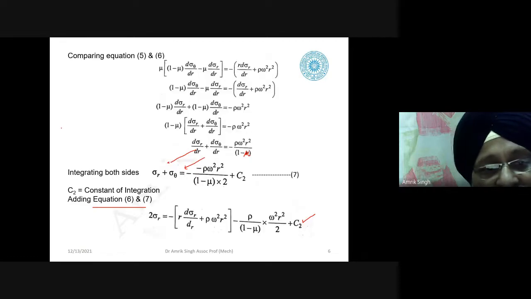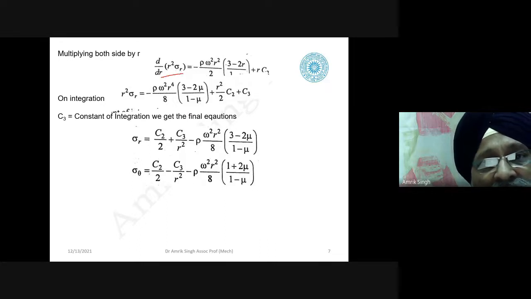So multiplying both sides by R. On the left hand side, this will be the differential of R square into sigma R, and on the right hand side, this expression.